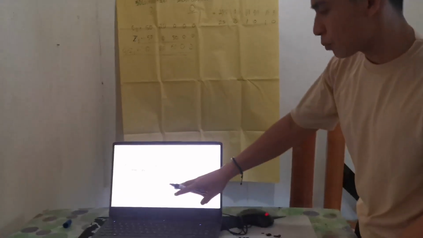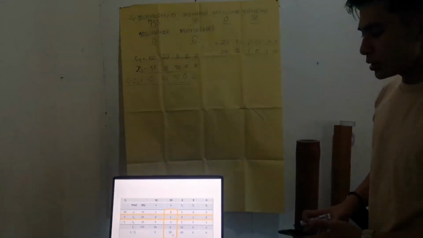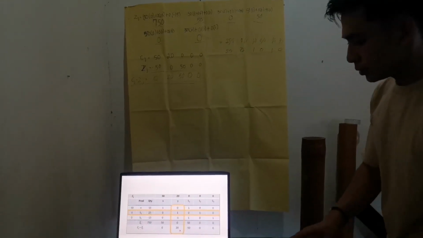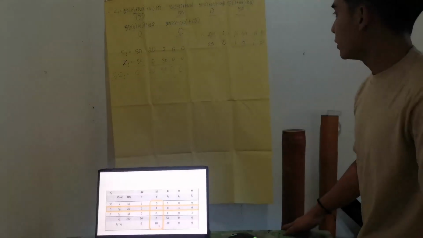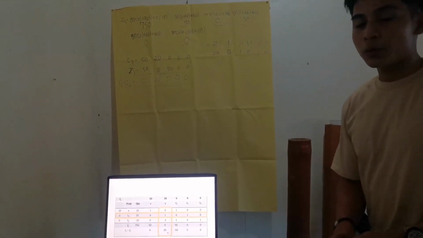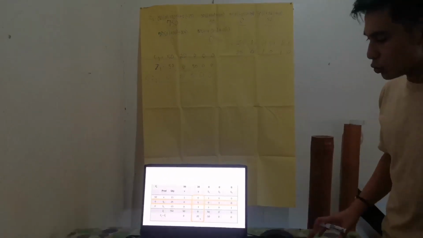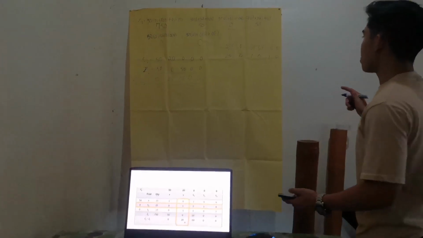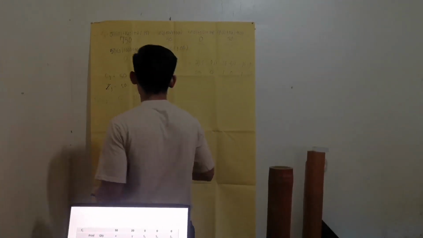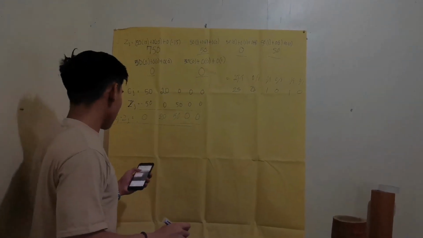And then, napansin nyo na yung S sub 3 is negative ulit. Negative 1. So, pag mag-change tayo ng isang row kasi, mag-change pa rin tayo ng other row. So, gamitin natin yung previous formula, which is ito.